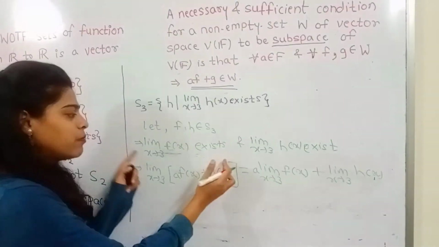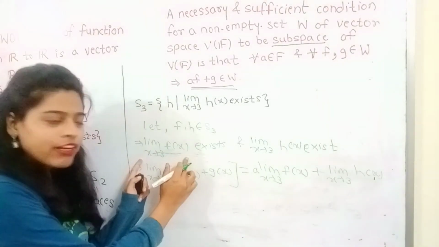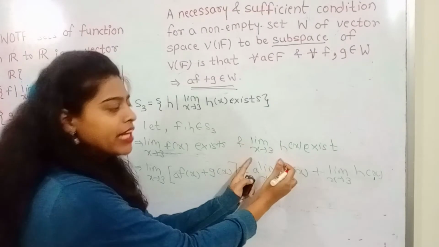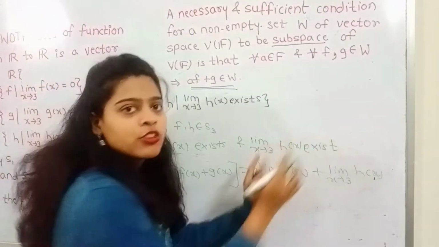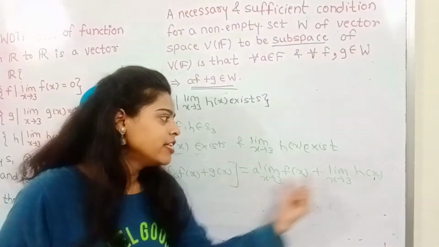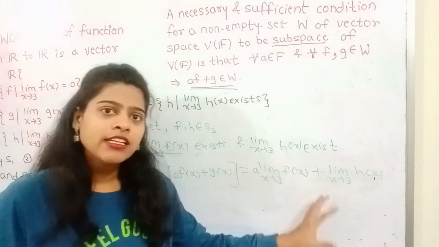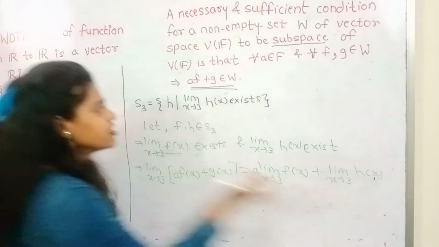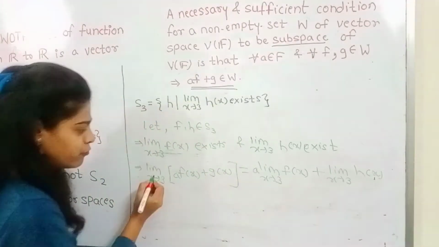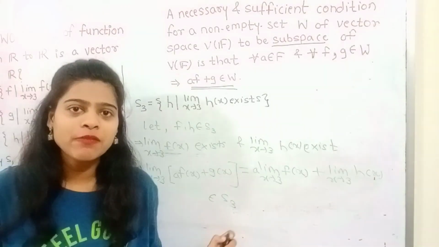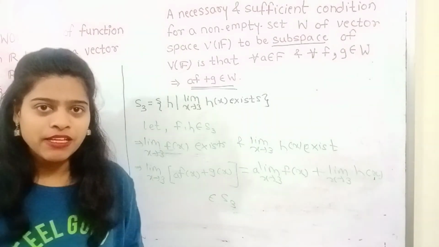As we can see above, limit x tends to 3 of f(x) exists. Similarly, limit x tends to 3 of h(x) also exists. That means the addition of both still exists. That means this belongs to S3. That means S3 is a vector space.